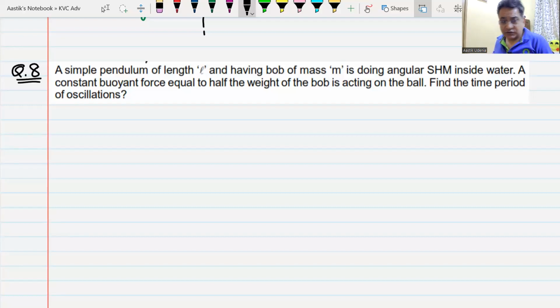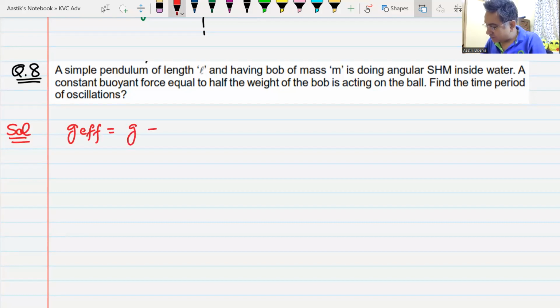So how are you supposed to do this? You basically have to find out the effective value of g. So that will be g minus the buoyant force divided by mass.